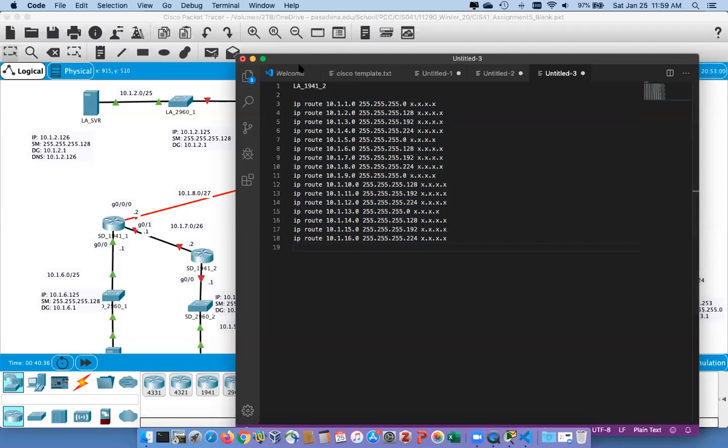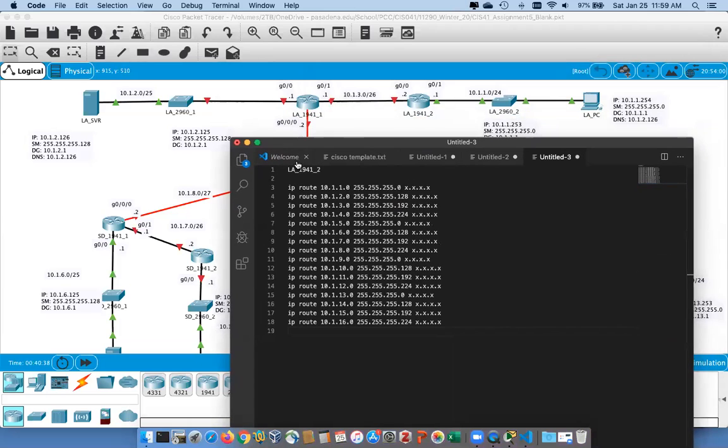So from this perspective right here, LA 1941 2, it is not concerned with the 10.1.1 network. It is not concerned about the 10.1.3 network.